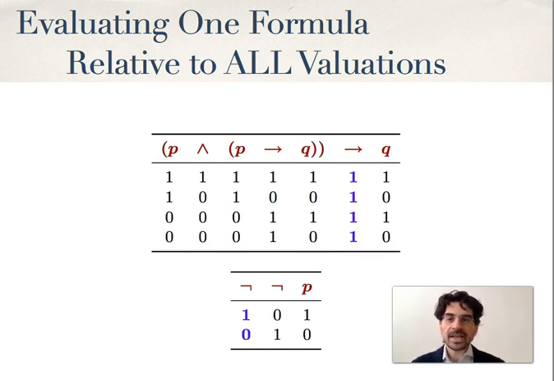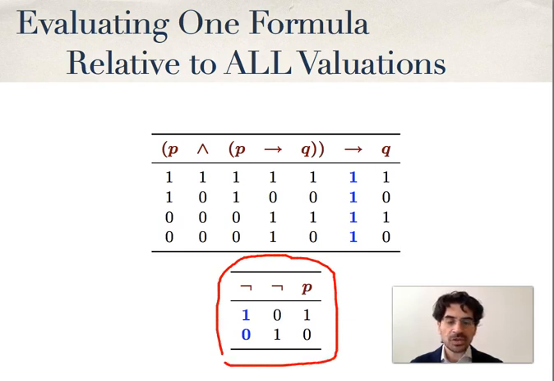Below here, instead, you see a formula that is true only relative to some valuations and false relative to other valuations. So this is the formula not not P. It's a double negation of P. There are two possible valuations here, the valuation that assigns 1 to P and the one that assigns 0 to P. If we consider the first valuation, the one that assigns 1 to P, then the truth value of not P is 0.